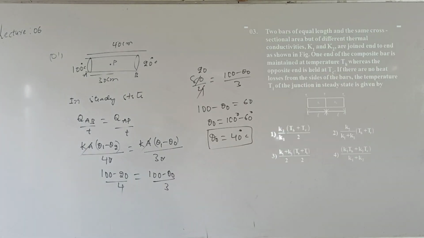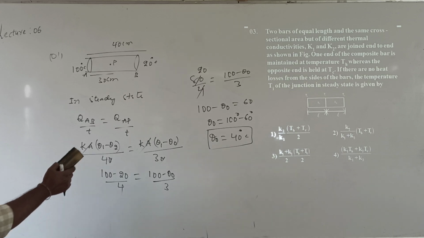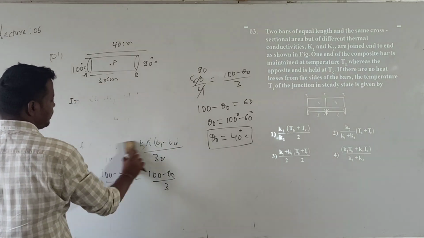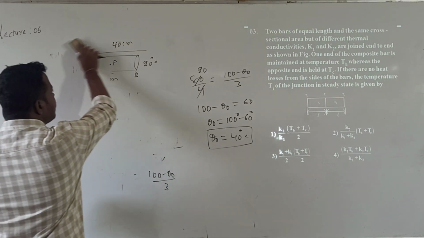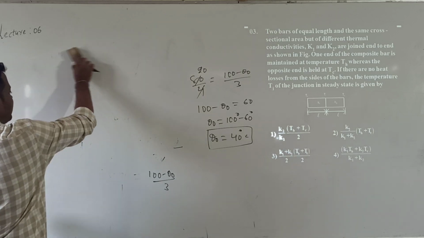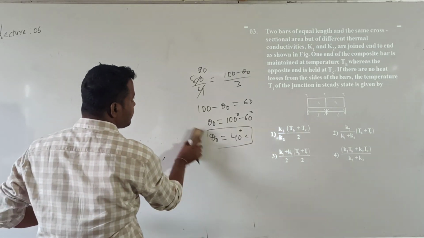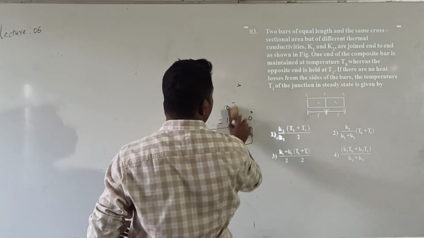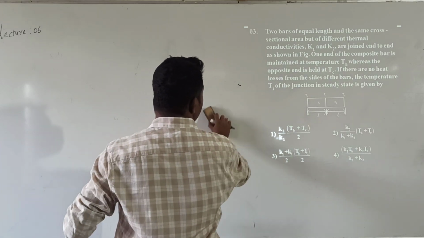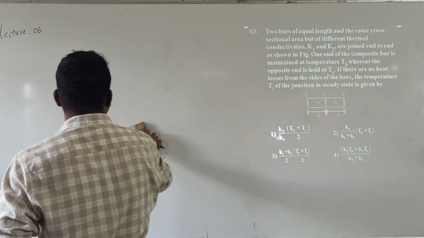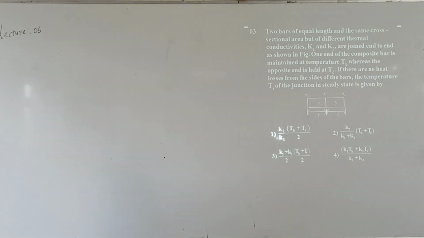Next, question number 3. This model I also discussed in level 2. Two bars of equal length and the same cross-sectional areas but different thermal conductivities K1 and K2 are joined end to end. Same model question.